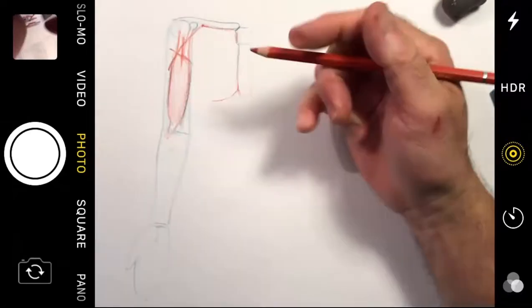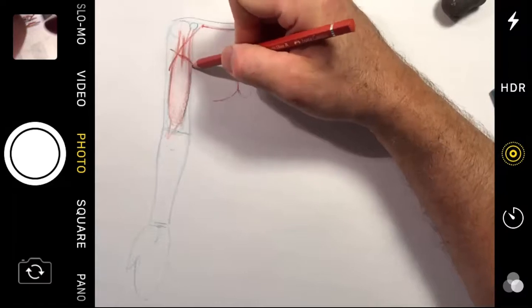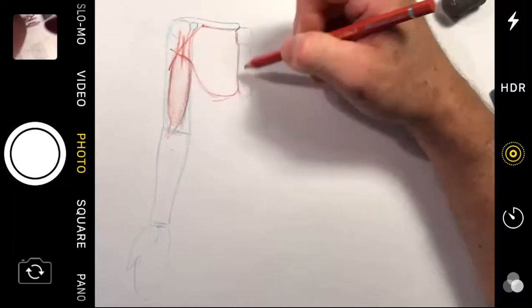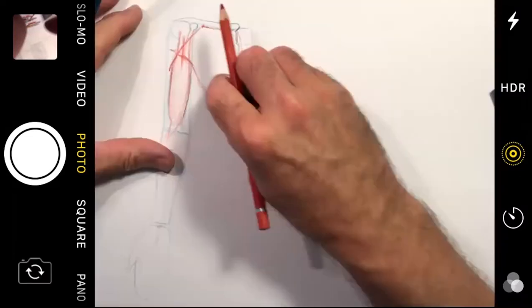That's an easy way of replicating that twist. You got that?